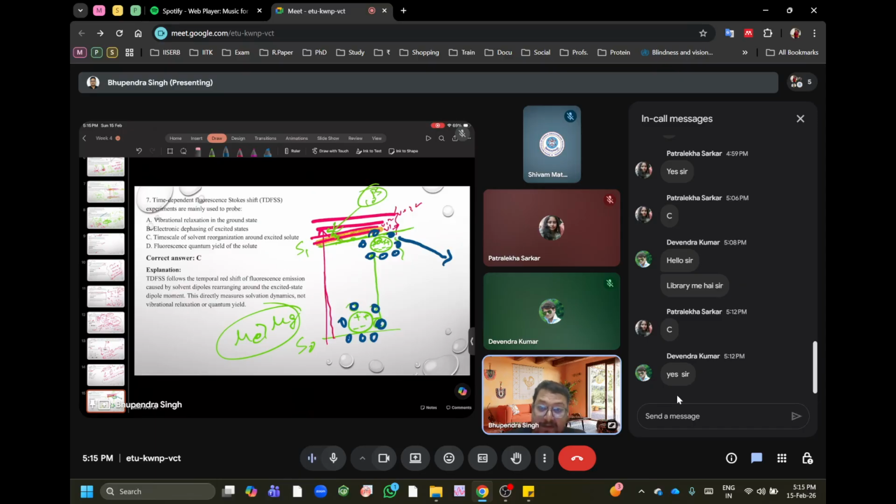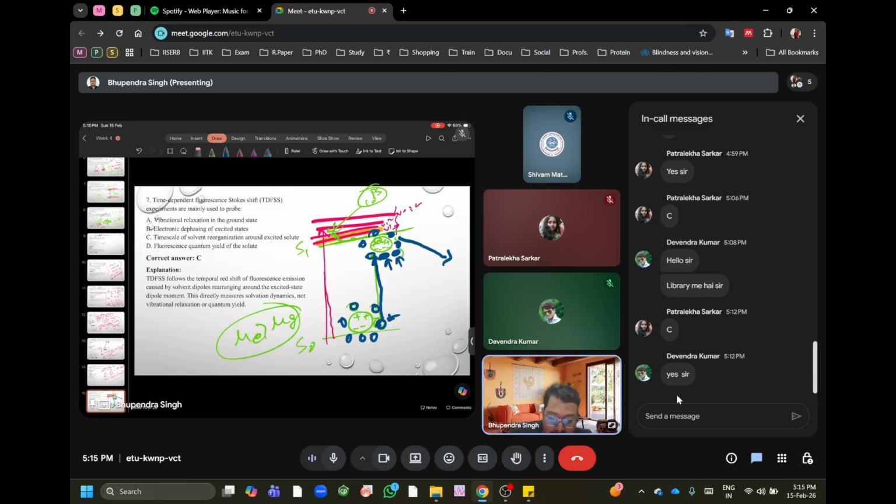Basically it will take the time to rearrange themselves, because this electronic transition is so fast that these molecules remain at their position. This transition was so fast they didn't get any chance of reorganization. Why will they reorganize?